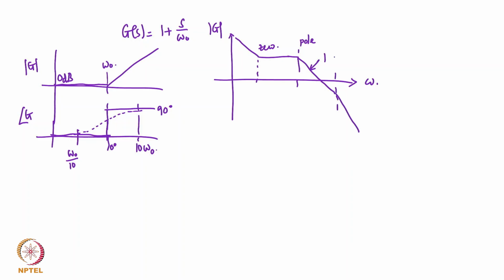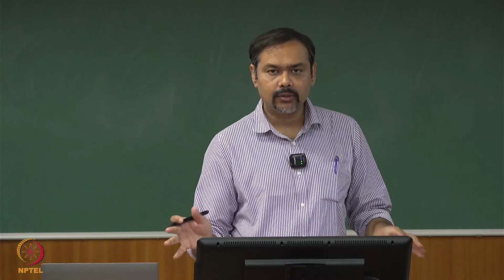So here it is minus 20 dB per decade, and then this will be minus 40 dB per decade, like that. So another pole comes here. This way the entire plot looks when you have multiple zeros and poles in the whole system.